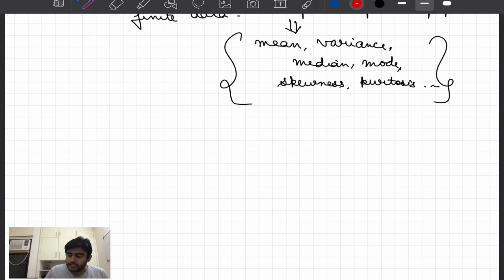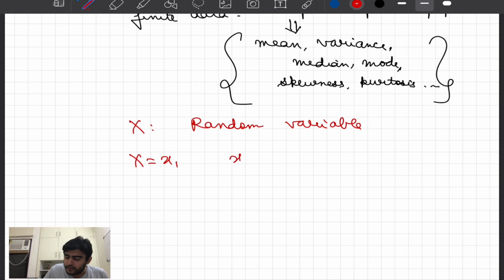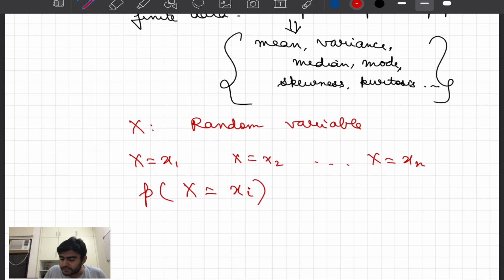So let us try to formalize it a little bit mathematically. Let us say that we denote x as a random variable. In this case, x is our random variable which can take some values. So x can be equal to x1, or x can be equal to x2, and x can be equal to xn and so on. We are interested in determining the probability that x takes a certain value xi.